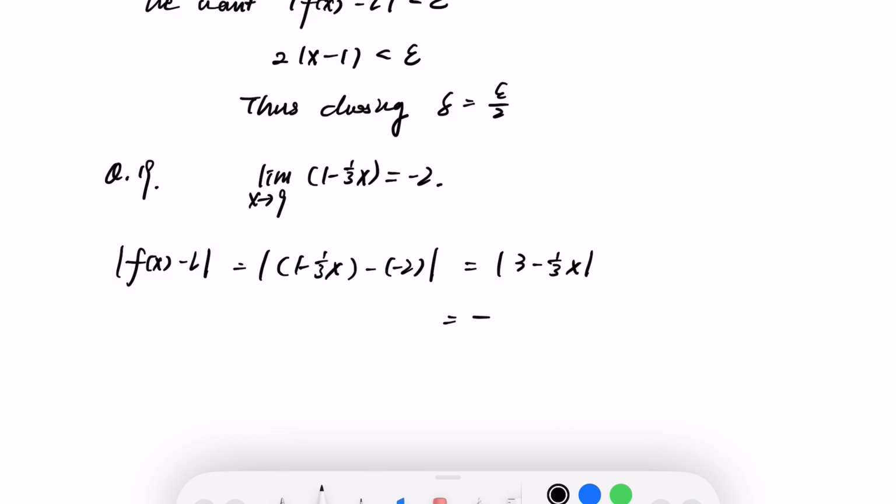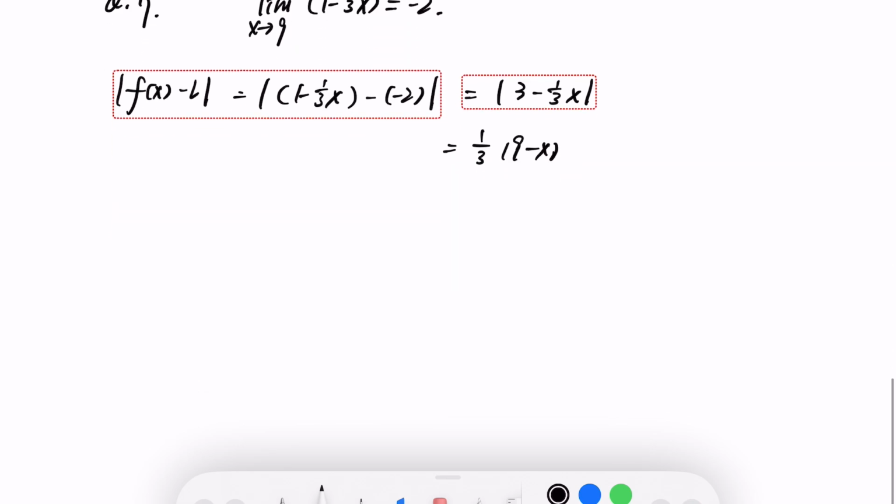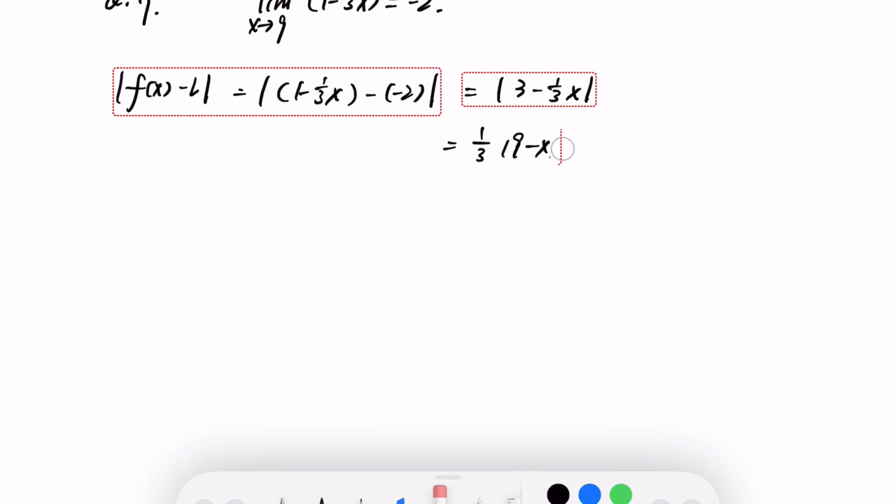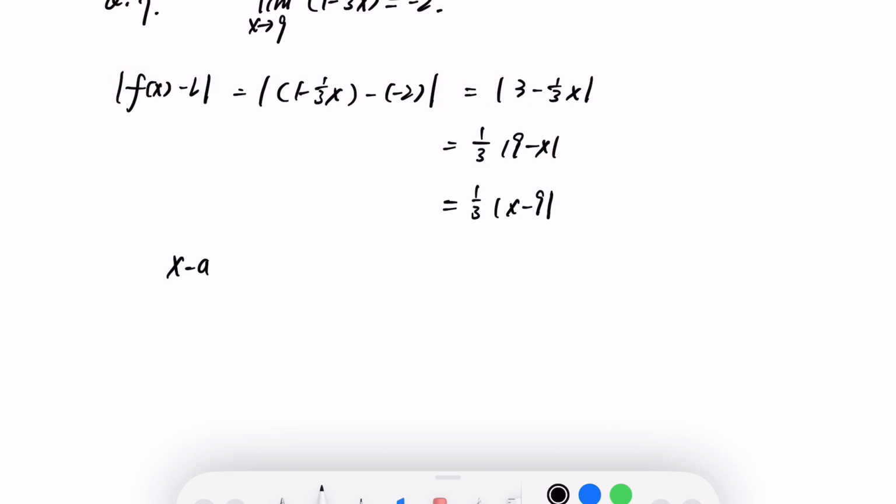This simplifies to 1/3 times the absolute value of 9 minus x, which equals 1/3 times the absolute value of x minus 9. And the absolute value of x minus a becomes the absolute value of x minus 9.